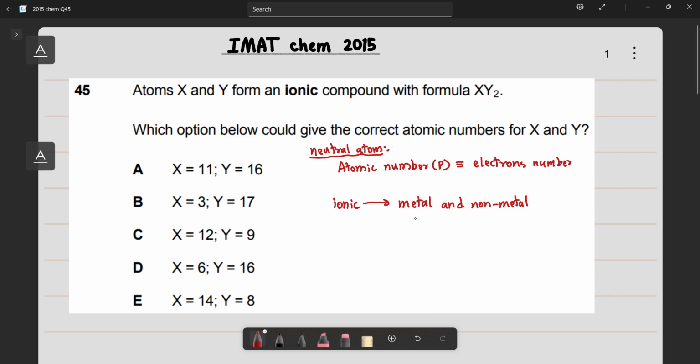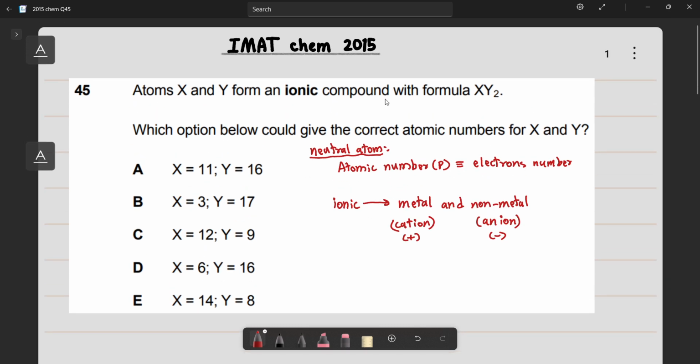And we know metal loses electrons to form a cation, and non-metal gains an electron to form an anion, which has the negative charge, and here it's the positive charge. Okay, so that's what we must know about ionic compounds. They're mainly formed between metals and non-metals.